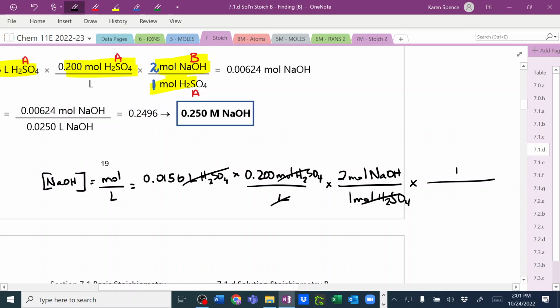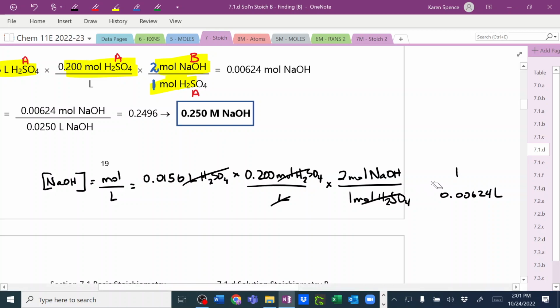I can at this point say times 1 over 0.00624 liters. I can do that.